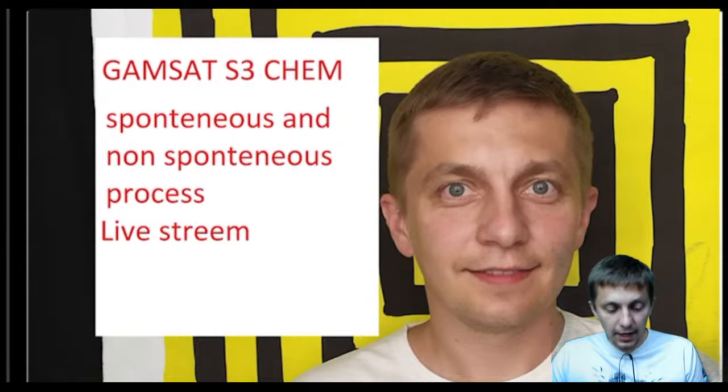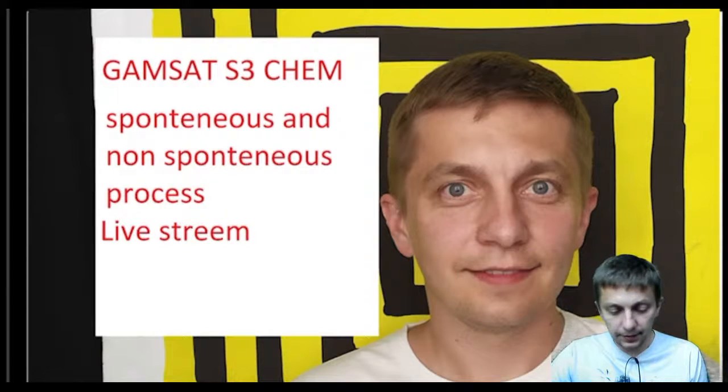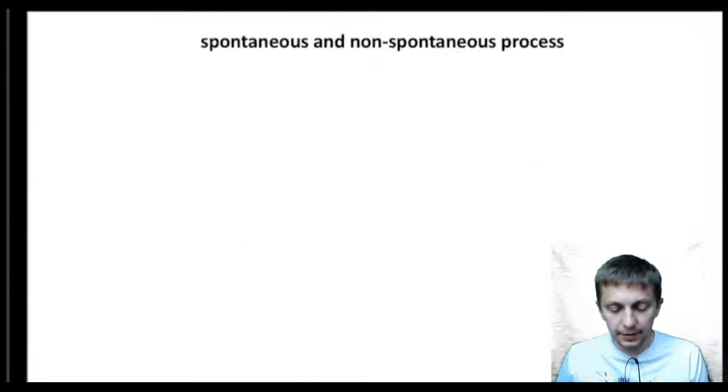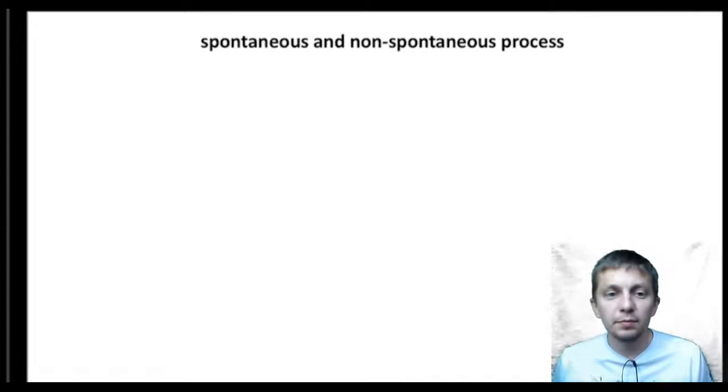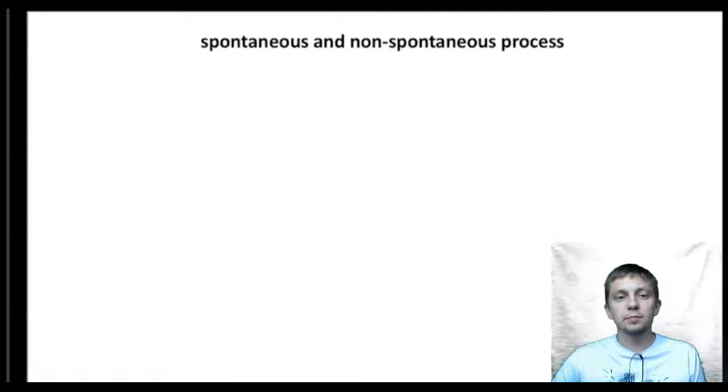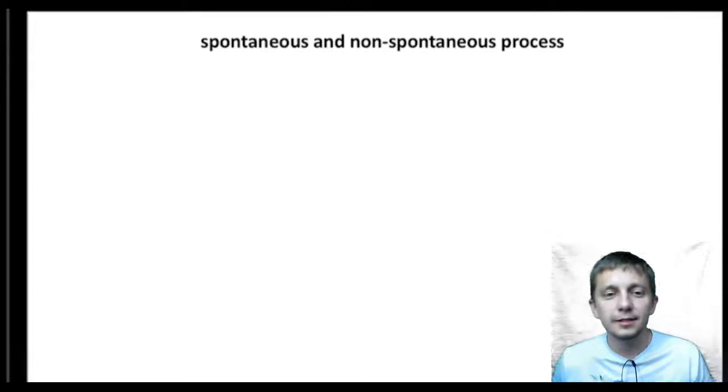So today I will discuss when and why processes happen, and some processes we name spontaneous. For example, if people go to a job, it's a spontaneous process because you do something and get a result.